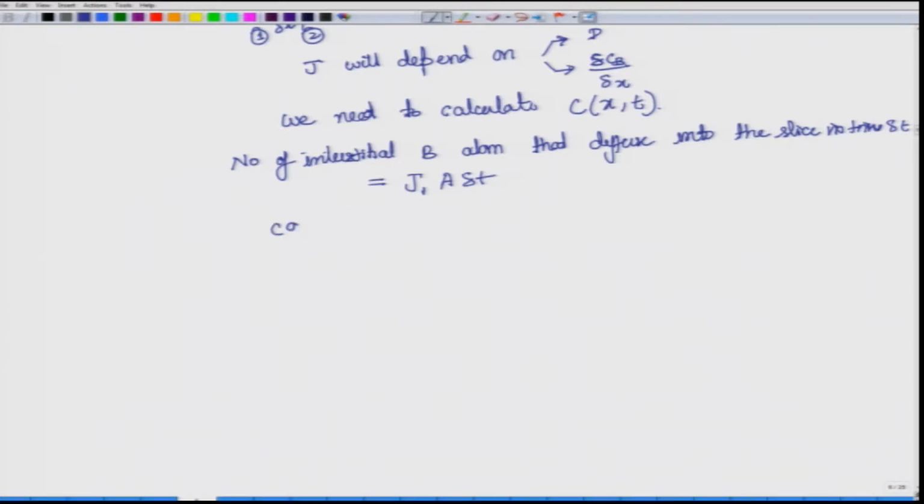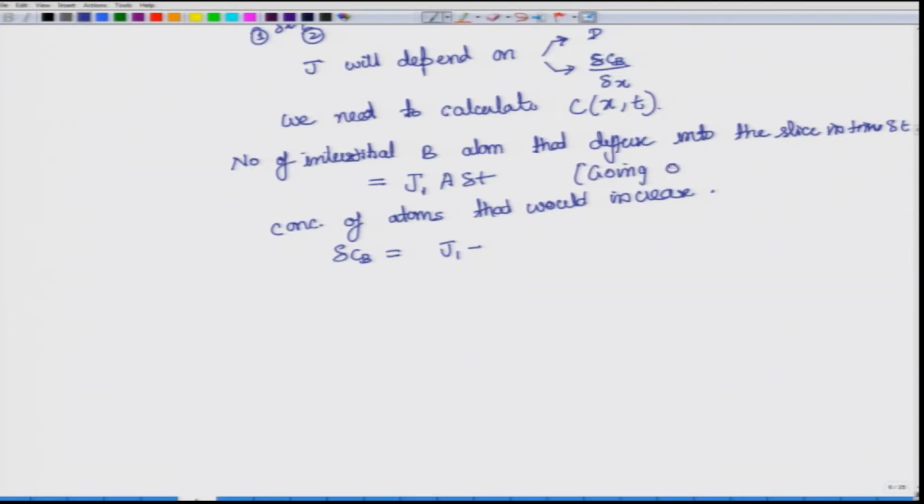And similarly, the concentration of atoms that would increase is equal to, now if something is going in, similarly we can find what is going out. I missed this part.